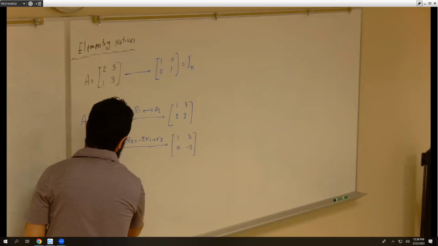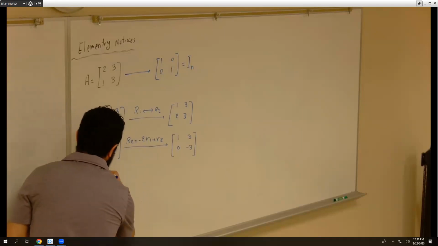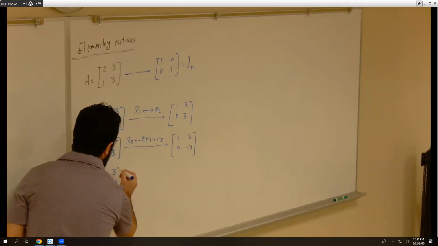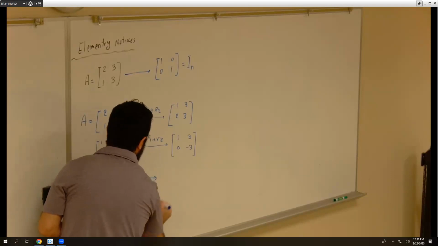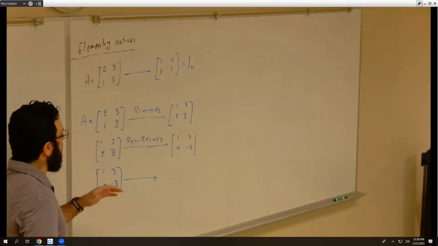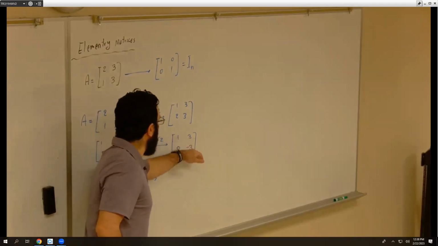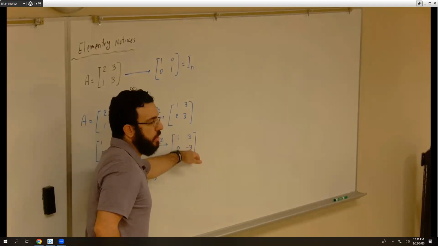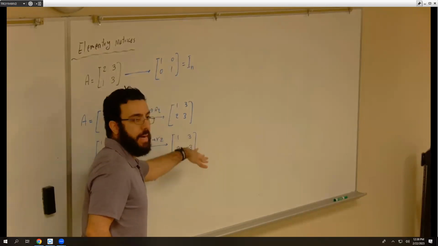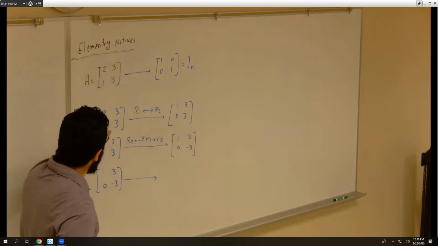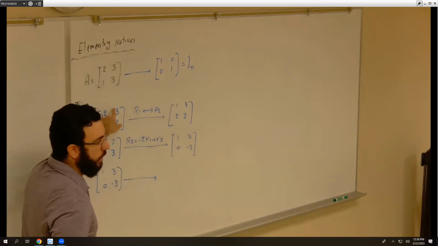Here is my third matrix: 1, 3, 0, -3. If you said I'm going to add R1 to R2, that is going to be right, this number is going to be 0. But I always start from this one, this one, this one, and go back here.